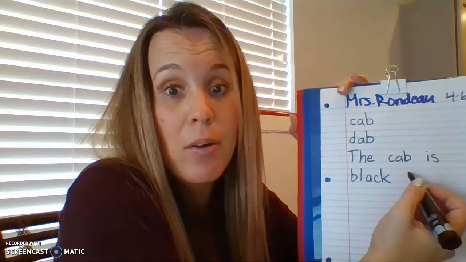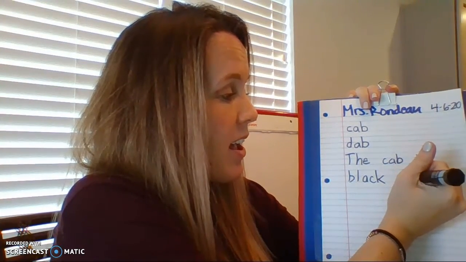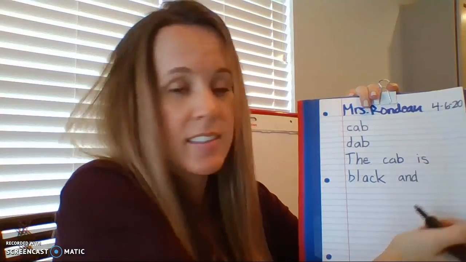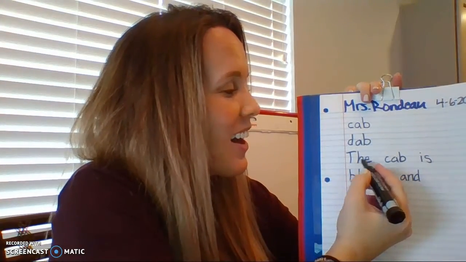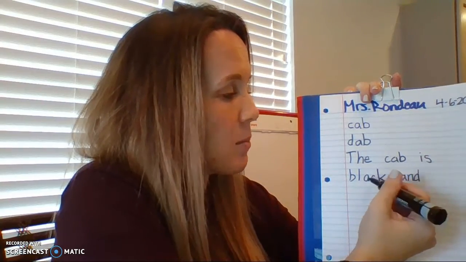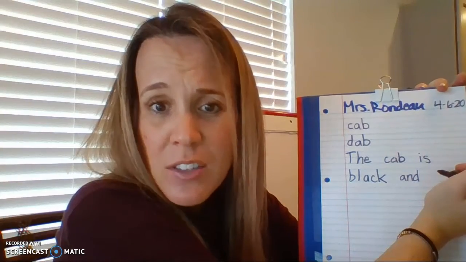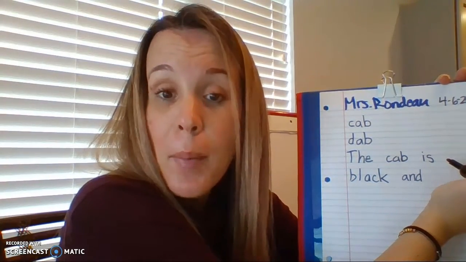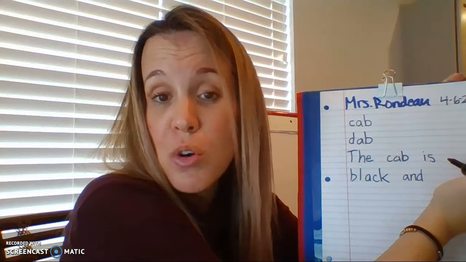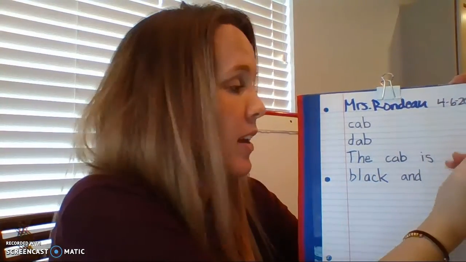And is a sight word. How do we spell it? A-N-D. Good. Last word. Here we go. The cab is black and yellow. I know if we were in our classroom, we would just look up at our signs and know how to spell yellow, huh? But you should have some crayons with you so you can always look at your crayons and it will tell you the name of the color on there.